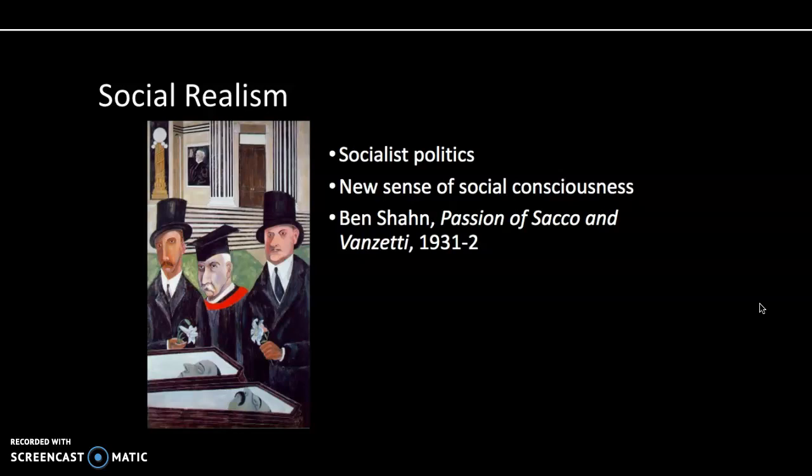Sacco and Vanzetti were Italian immigrants and involved in anarchist political circles. They took part in a robbery in which somebody was killed. They were imprisoned in 1921 and executed in 1927.